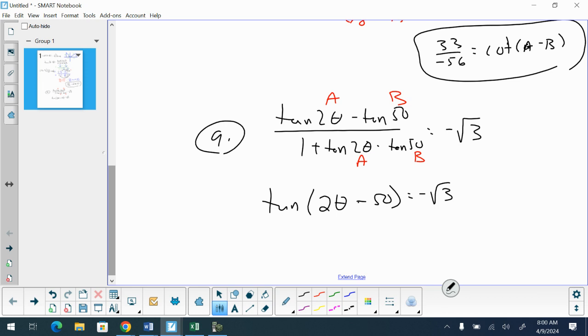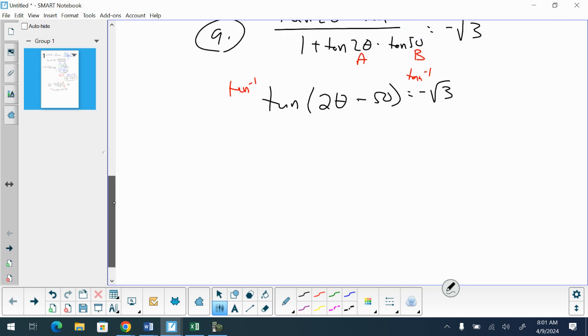So you're just trying to take what we have here and put it into an equation that we can now solve. Because in the form that we have up there, we can't solve that equation. But when we have it in this form, we can now solve this equation because I have the tangent of 2 theta minus 50 equals negative square root of 3. We want to solve for theta, 2 general solutions. McLean, how do we get rid of the tangent? Inverse tangent. The inverse tangent of the tangent will get rid of these.